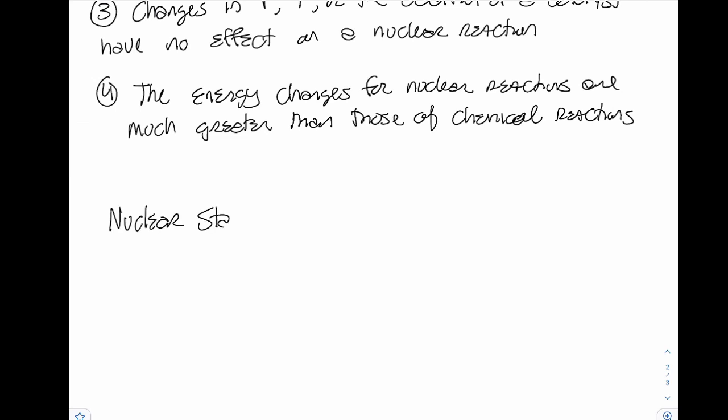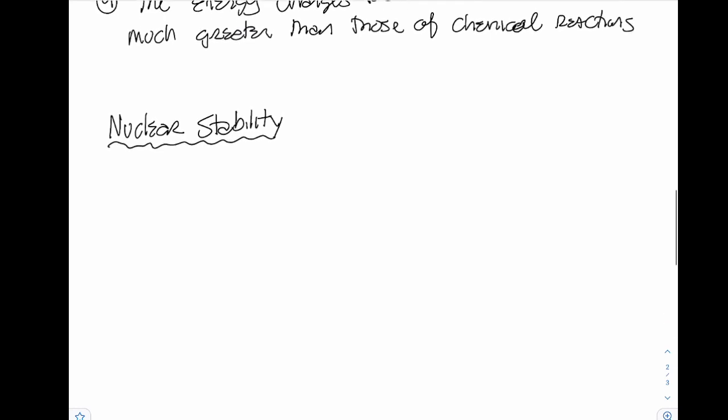Do you want to talk a little bit about nuclear stability? Often in nuclear chemistry, when we use the word stable, we're talking about isotopes whose half-life can be measured. If we say unstable, we're talking about isotopes that decay too rapidly to be measured.